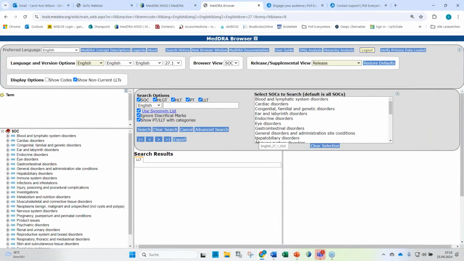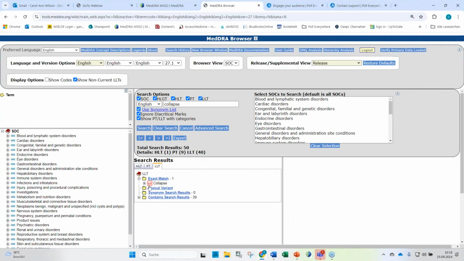Here we are, and let's look for collapse. So I've activated the show non-current LLTs, and if I look for collapse and search, I will find an LLT collapse, but it's definitely marked as non-current.